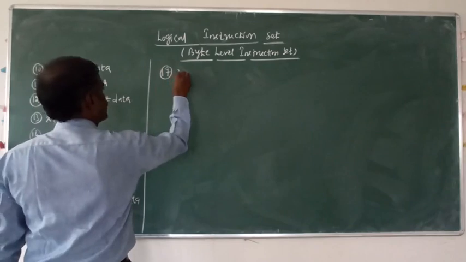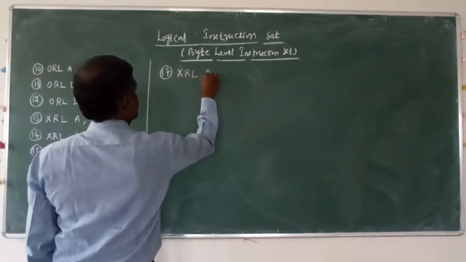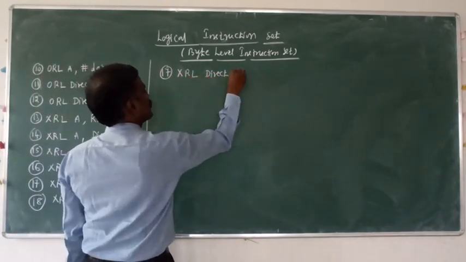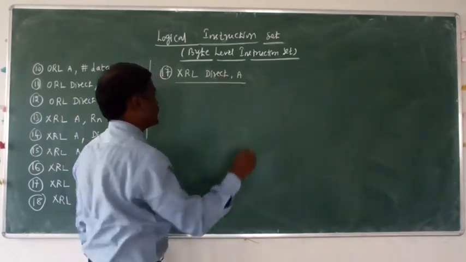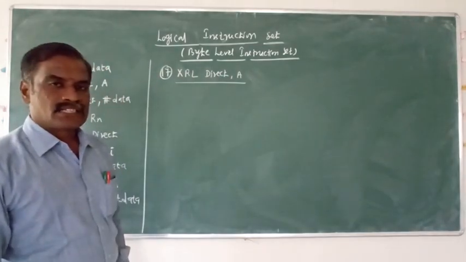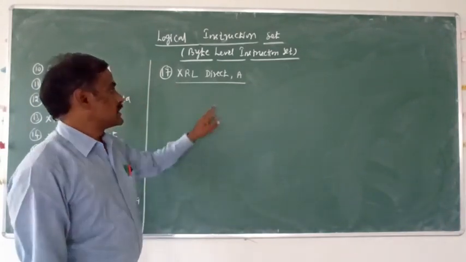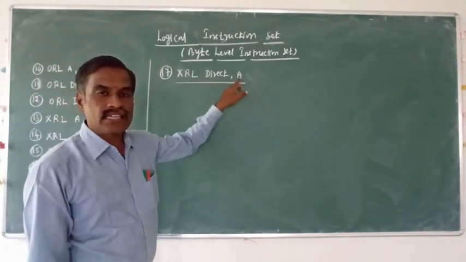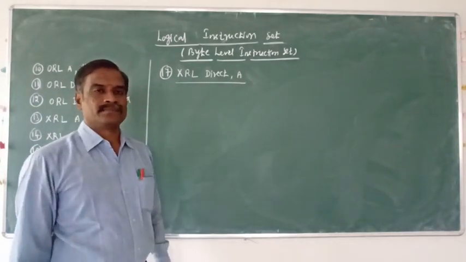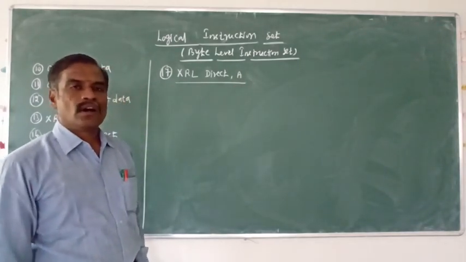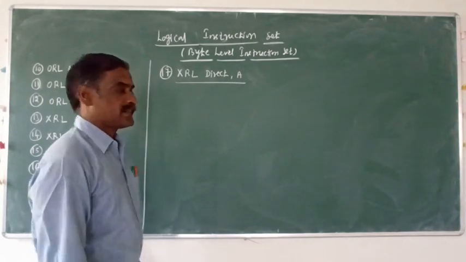Instruction XRL direct comma A. In the 17th instruction also, exclusive OR the direct memory address location data with the accumulator, and the result moves to the accumulator itself.